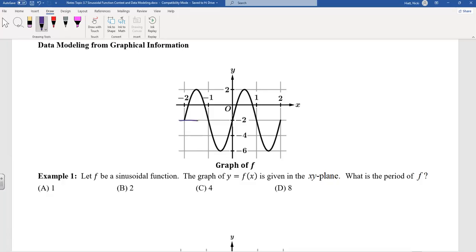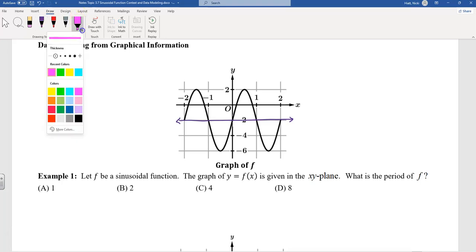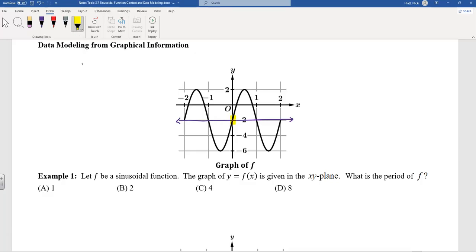So the midline for this particular graph is at -2. Actually drawing it in helps me see when I'm back to the place that I started. If it is possible, I always want to start at the y-axis where x equals 0. Sometimes it's not possible, but it will be possible on this particular graph.